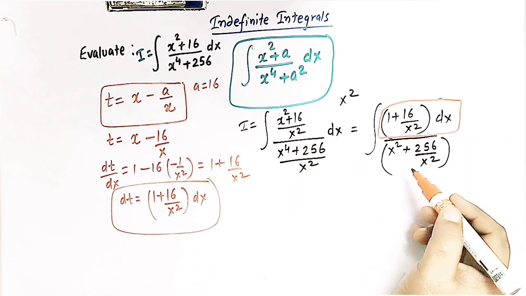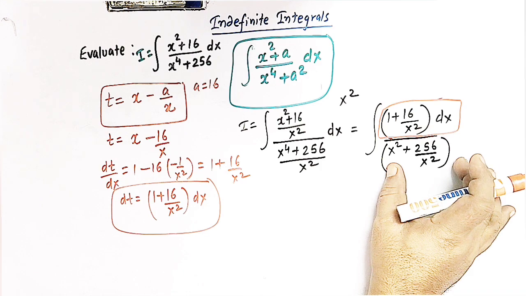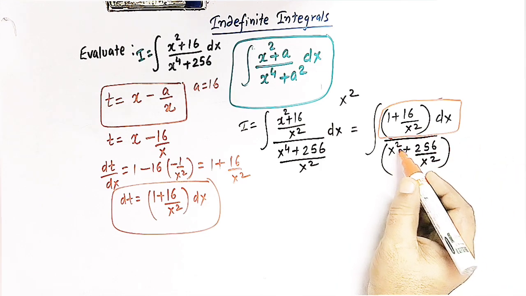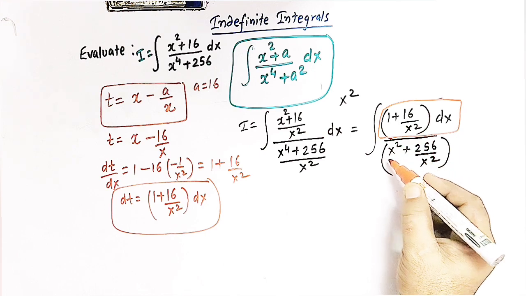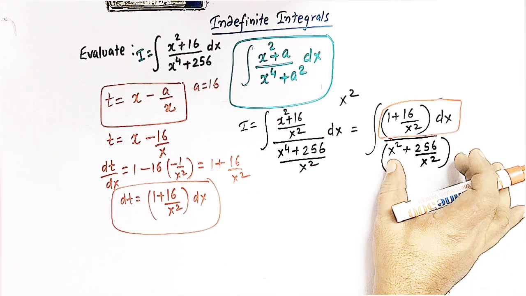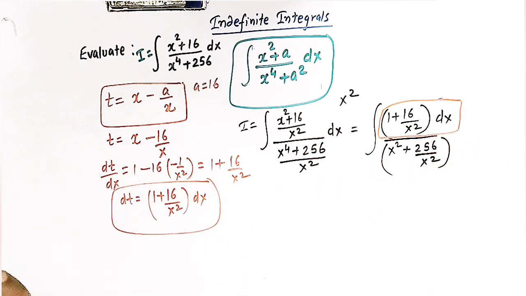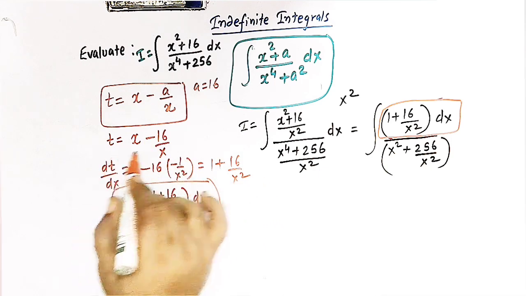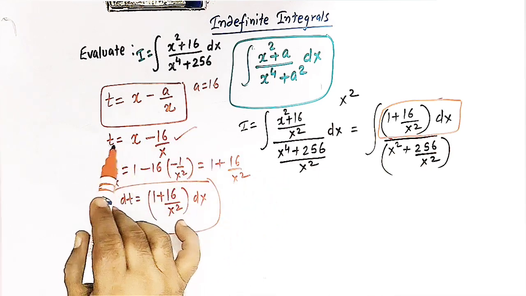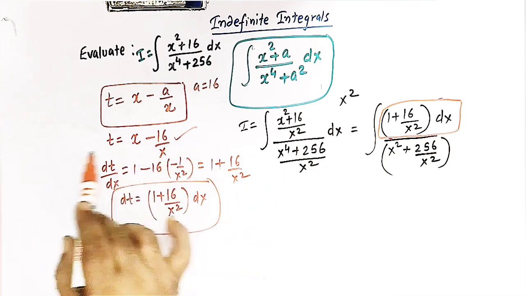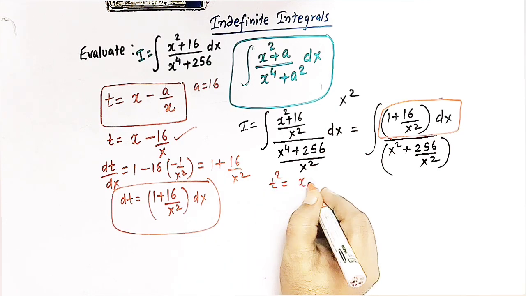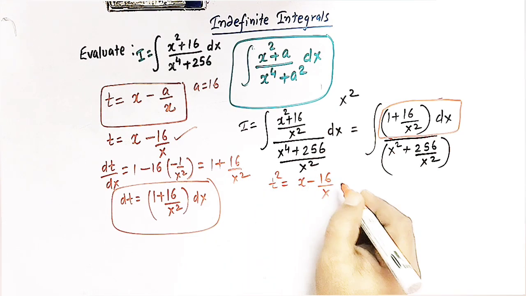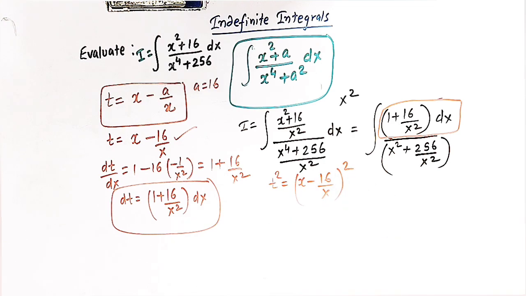Now let us take care of this denominator, and in the denominator we have x square plus 256 over x square, and now our aim is to express this quantity in terms of t. So we'll make use of this equation, and we can take the square of both the sides. So we can now write t square is equal to (x minus 16 over x) whole square.